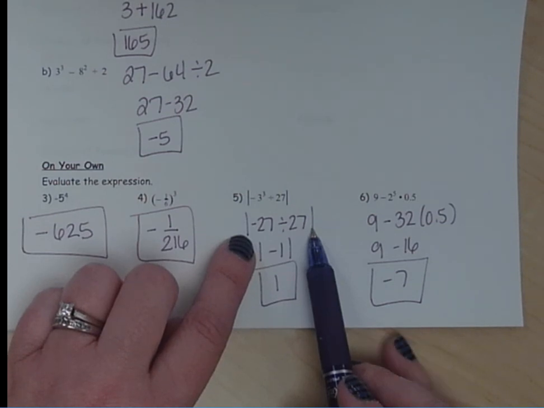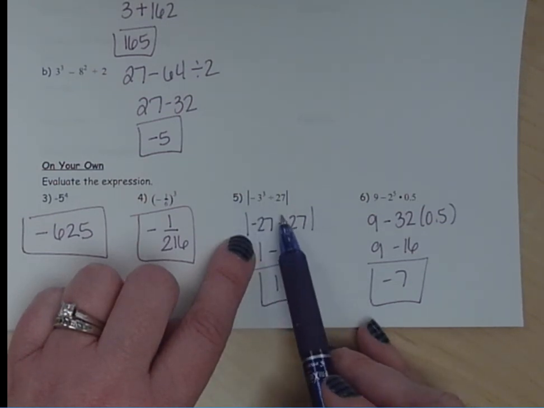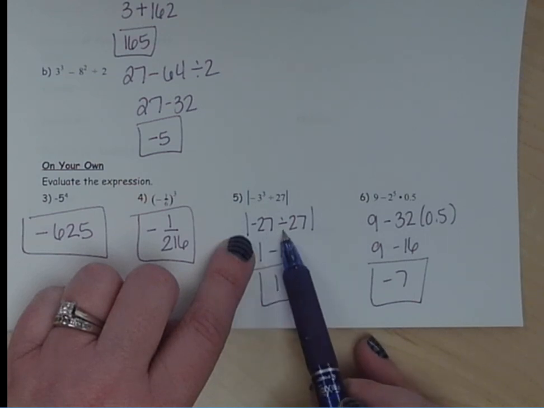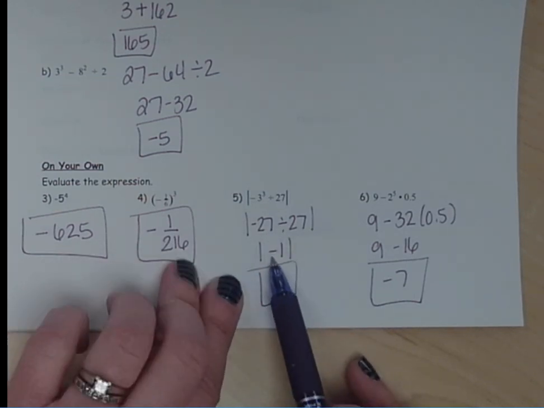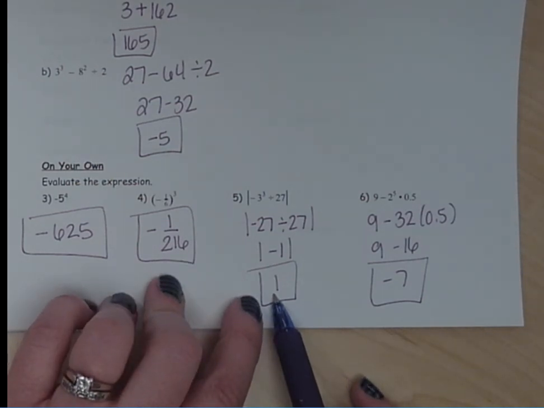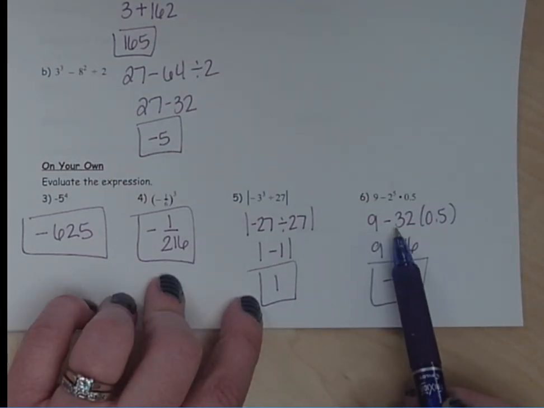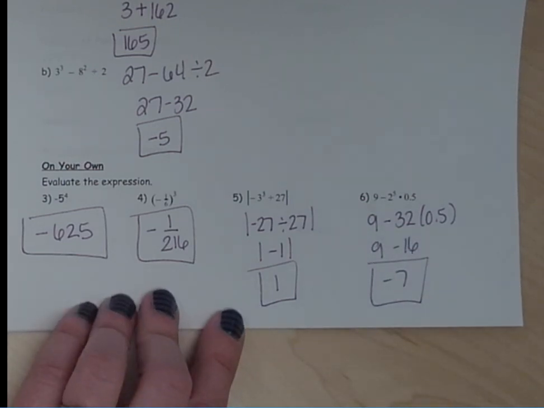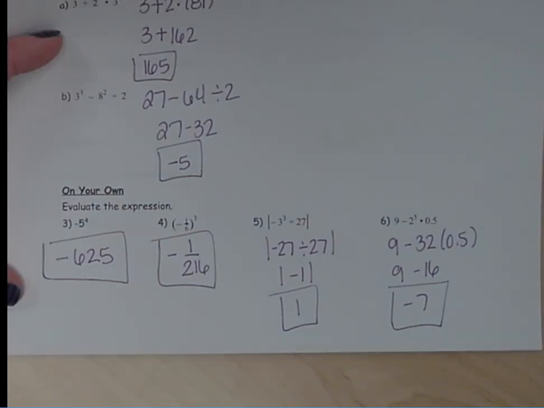Now, absolute value, negative 3 cubed gives me negative 27 divided by 27, which is negative 1, but I'm still finding the absolute value here, so my answer is 1. We've got 9 minus 32 times 5/10. 9 minus 16 is negative 7. Nice job, and have a great day.